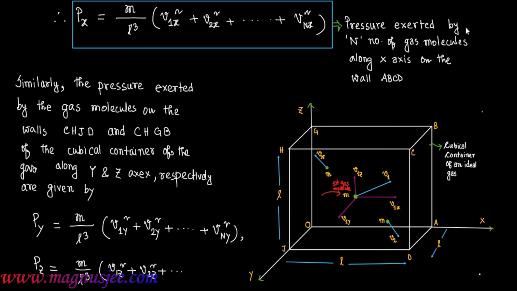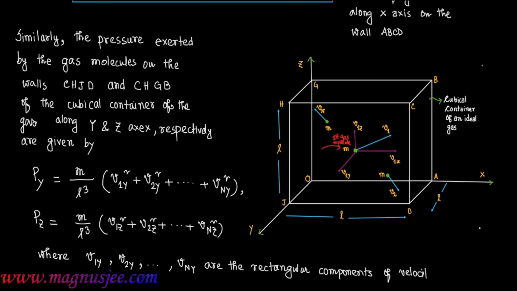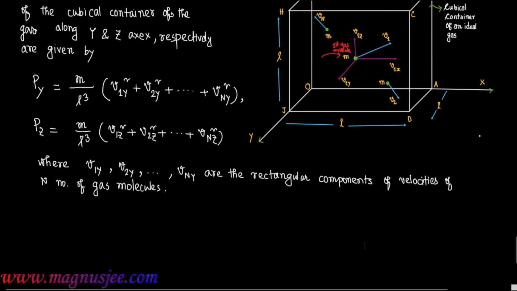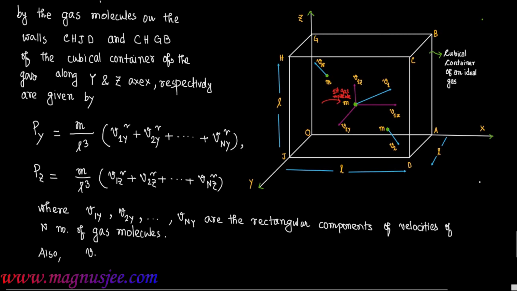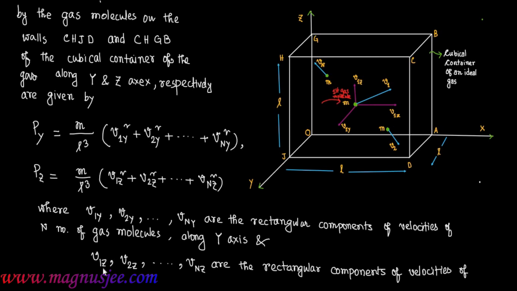Pz, which is the pressure exerted by the gas molecules along z-axis, is given by m by L cube bracket v1z square plus v2z square plus dot dot dot plus vnz square, where v1y, v2y, dot dot dot vny are the rectangular components of velocities of n number of gas molecules of an ideal gas along y-axis, and v1z, v2z, dot dot dot vnz are also the rectangular components of velocities of n number of gas molecules along z-axis.